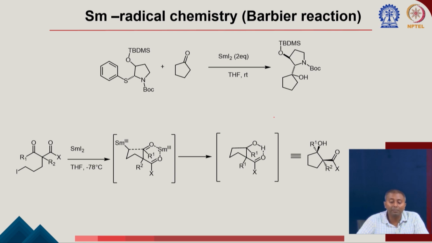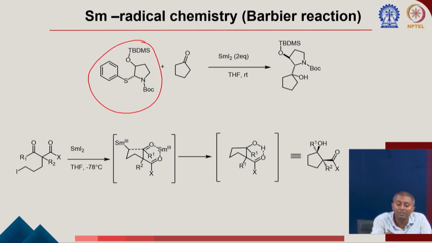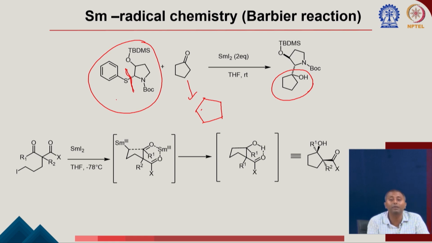There is another example of the Barbier reaction here. So what is happening here, you can see in this starting material to product. Let's try to understand what is happening here. If you see, this carbon sulfur bond is getting cleaved, and then we are seeing this particular group getting into the system. So the samarium iodide is going to first cleave this bond, very similar to the carbon iodine bond, it is going to cleave this carbon sulfur bond to generate a samarium species from here.